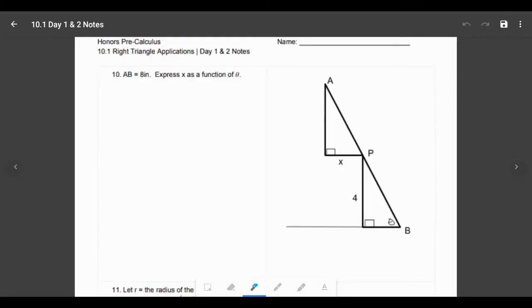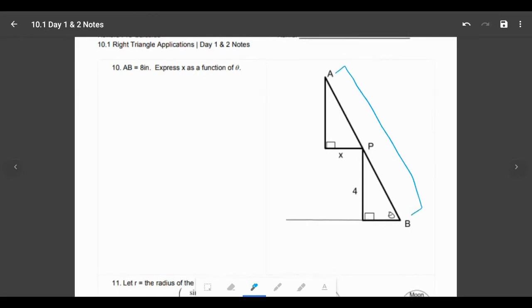Problem 10, we are given this diagram and we are told that AB is 8 inches. So I will go ahead and just label that. And we are told to express x as a function of theta.